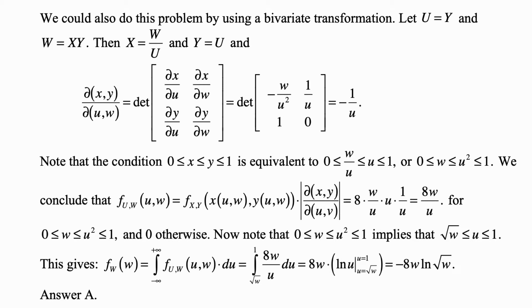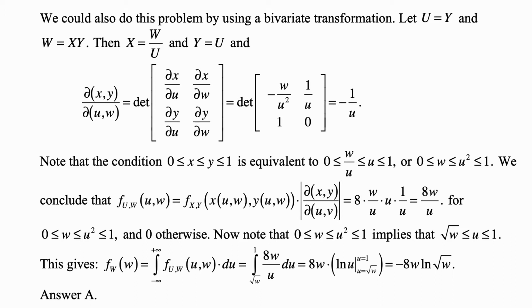So note that the condition that 0 is less than or equal to x less than or equal to y less than or equal to 1 is equivalent to 0 less than or equal to w over u less than or equal to u less than or equal to 1, or equivalently 0 is less than or equal to w less than or equal to u squared less than or equal to 1.